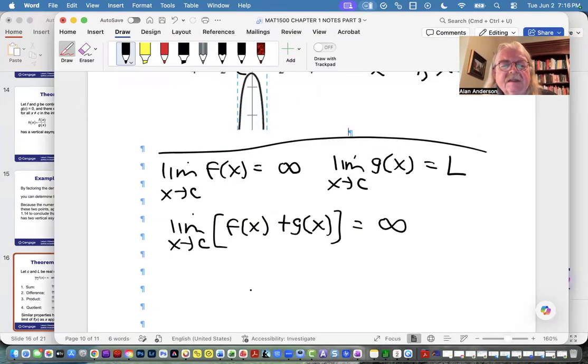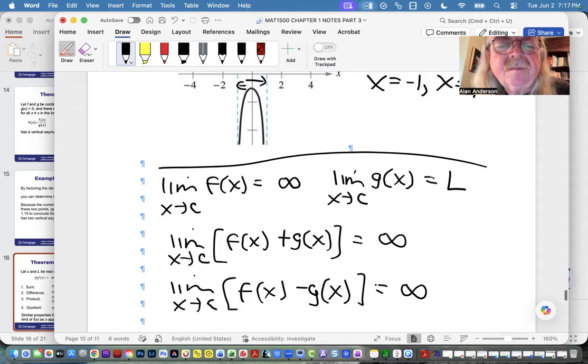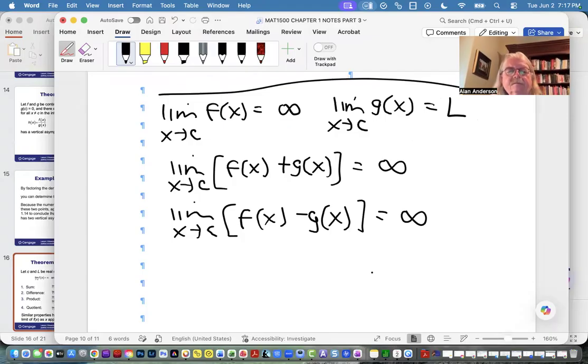The difference, same thing. Actually, we can write it like this. Product. The product depends on whether L is positive or negative.